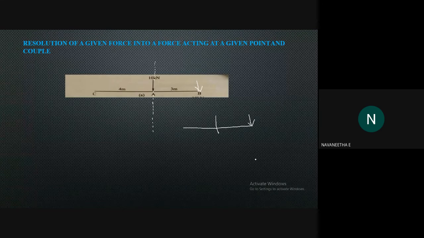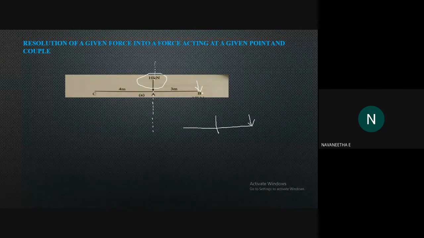According to the law of transmissibility, we can move 10 kilonewton anywhere along its line of action. But it is not possible to transfer a single force from one point to another.